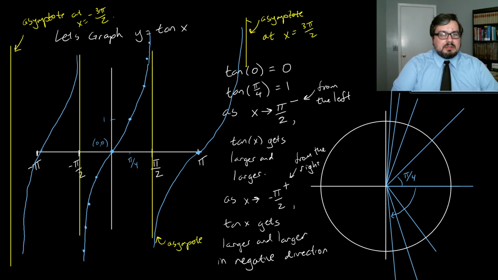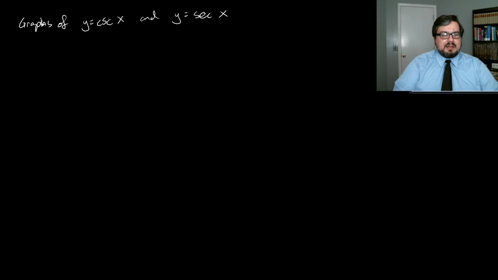So let's look at the graphs of y equals cosecant x and y equals secant x. So let's start with cosecant. The way that we're going to do this is we're going to start with a graph of sine.